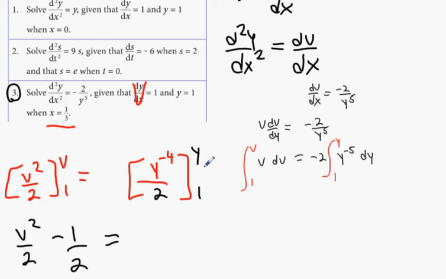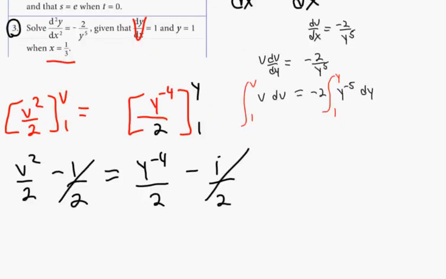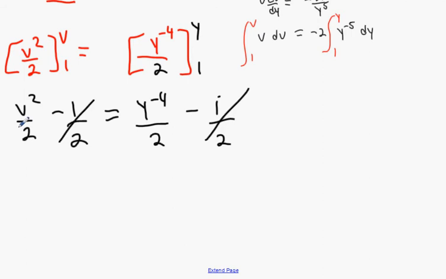Okay, next thing after that, guys, y to the minus 4 all over 2. And then minus 1 to the minus 4 all over 2. 1 to the minus 4, still just 1. A half and a half. A 2 and a 2.